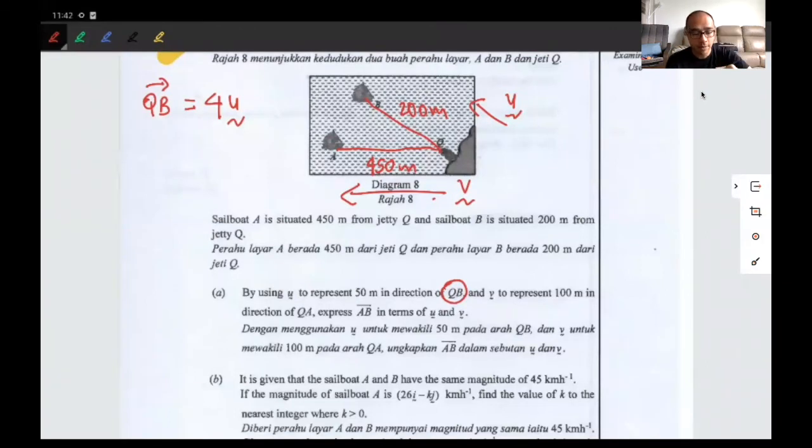So 1u is 50 meters, and since there's 200 meters, it's 4u. Vector QB is 4u. And v represents 100 meters, so 1v is 100 meters. Since this is 450 meters, QA equals 4.5v. Now express AB in terms of u and v.